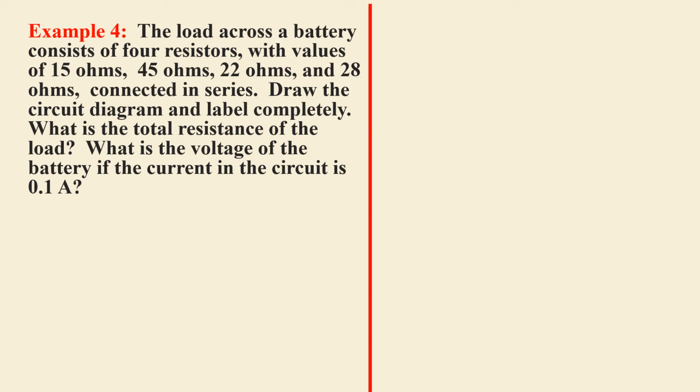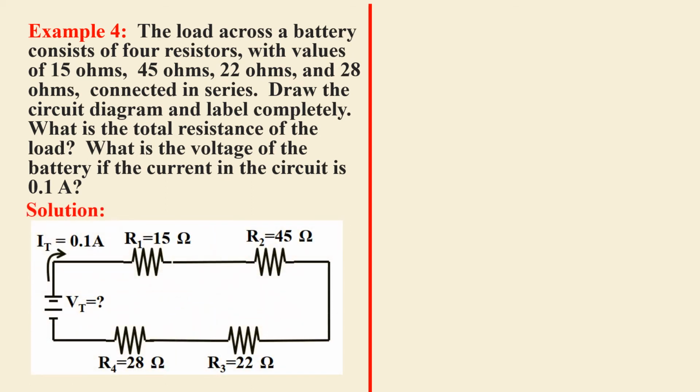What is the voltage of the battery if the current in the circuit is 0.1 amperes? So, solution. We have here the circuit diagram of the given problem. The total current is 0.1 amp.